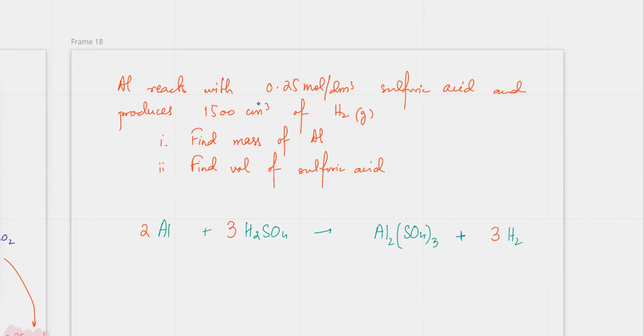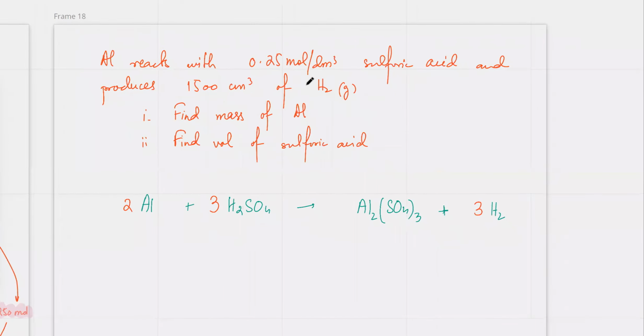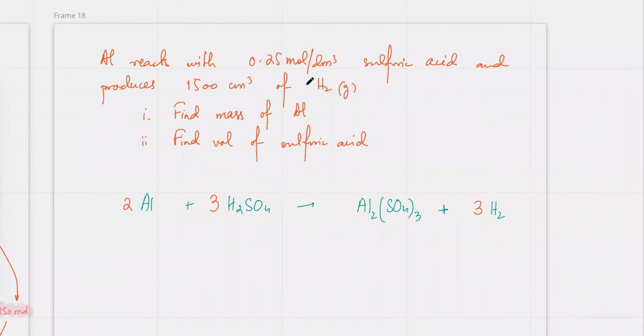You can find the moles of H2 gas, because moles is volume of gas, which in this case is 1500 cm cube, which should be in dm cube. In dm cube, that would be divided by 1000. So it's going to be 1.5 dm cube divided by the molar volume, which is 24 dm cube.